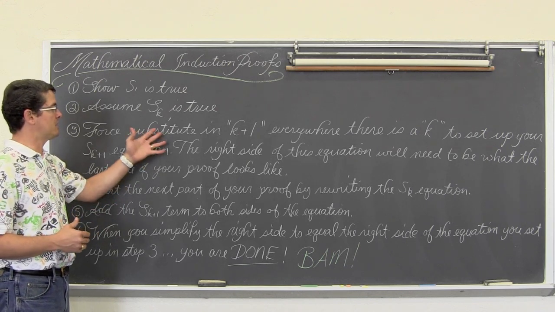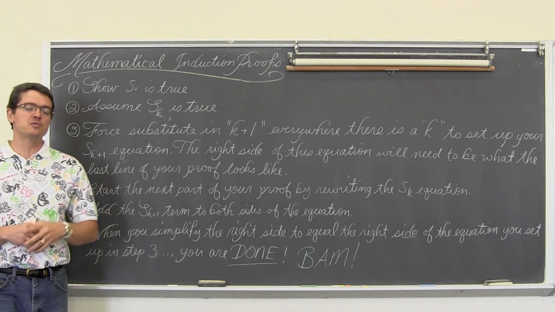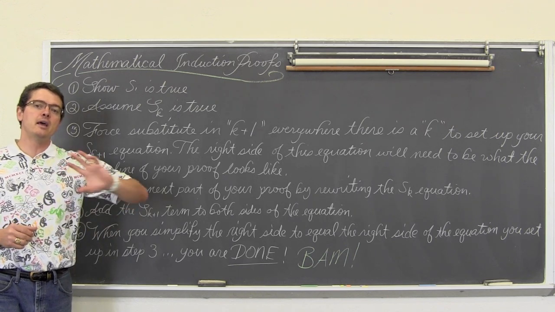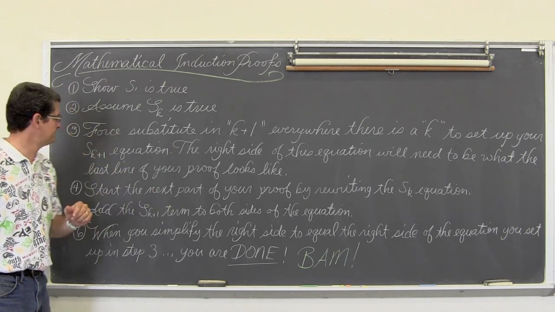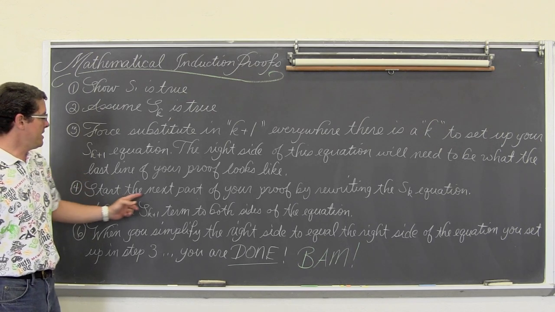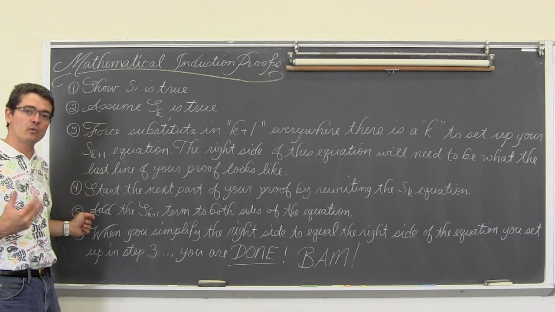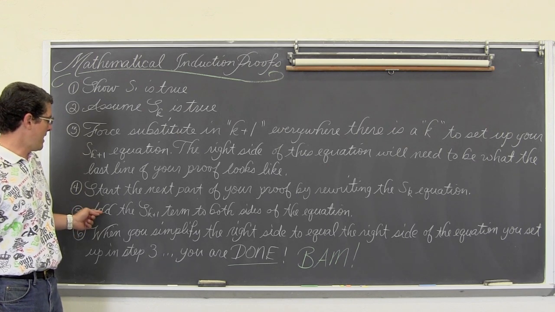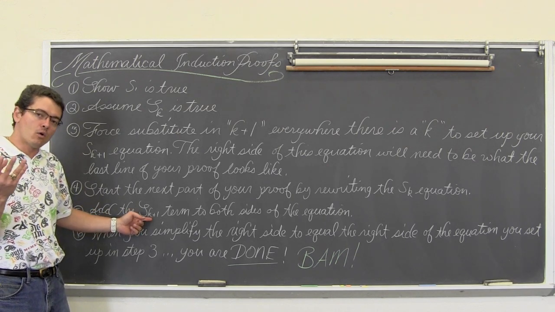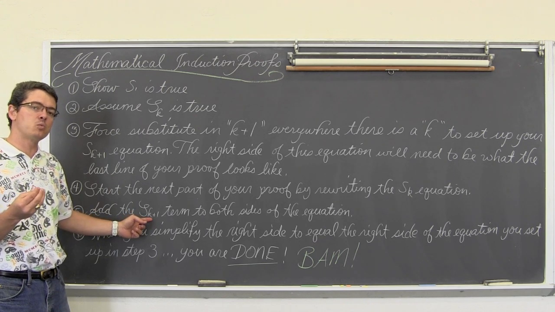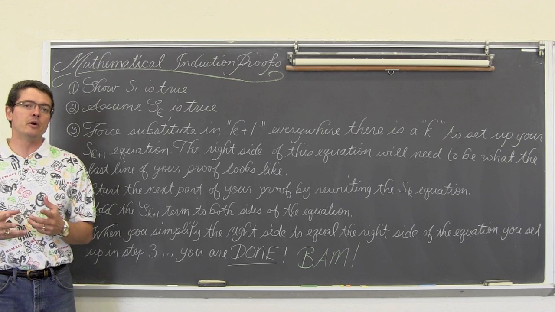This will be a good step that you want to do for those induction proofs where you have, like my 3 examples, a sequence of additions and it's a 2-sided equation. Start the next part of your proof by rewriting the S of k equation, the original equation given, and then we're going to find the S of k plus 1 term and add that term to both sides of the equation.